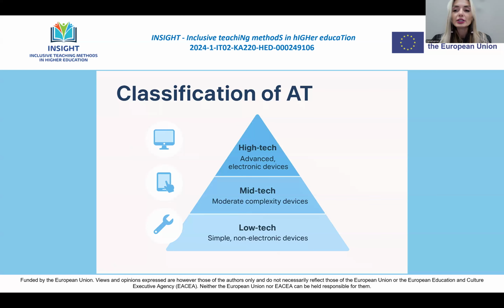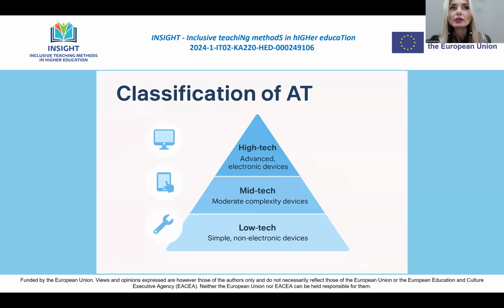So, let's stand on a classification of assistive technology. High-tech, mid-tech, and low-tech. Let's see what this classification is. By level of technology complexity. High-tech: advanced electronic devices. Example: communication pictograms, talking books for children with visual impairments.